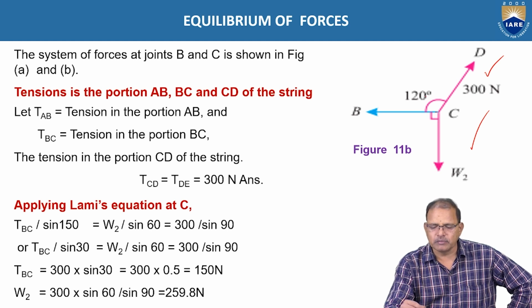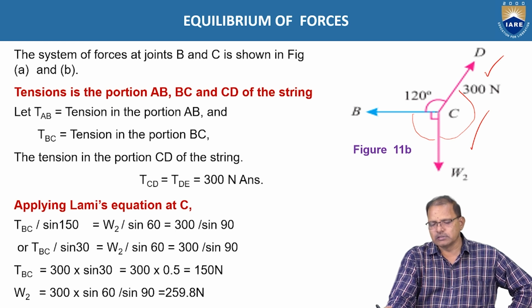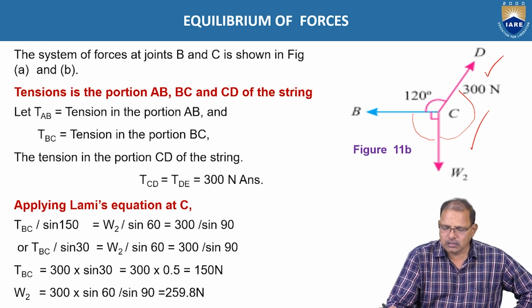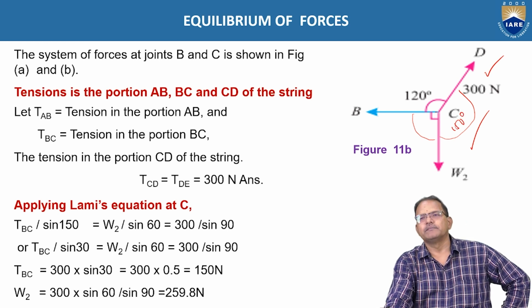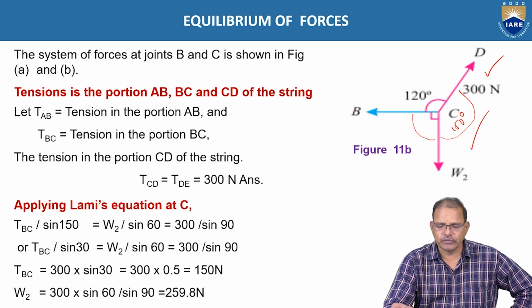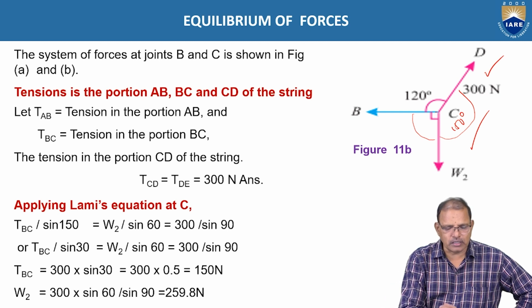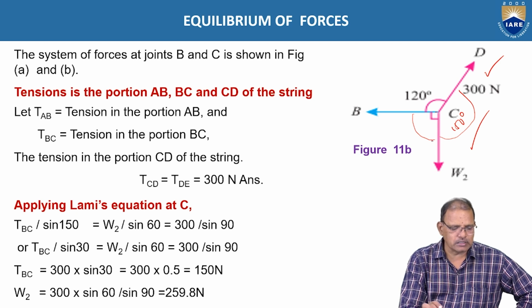So the inclination now becomes 120 degrees, here it is equal to 90 degrees, and the remaining angle is 150 degrees. Now TAB represents the tension in the string AB, and TBC represents the tension in the string BC.